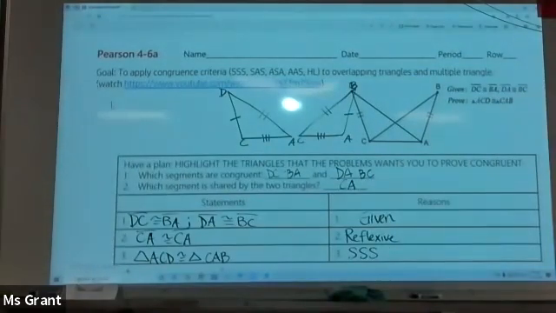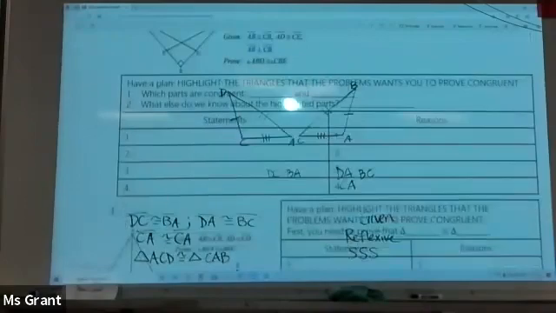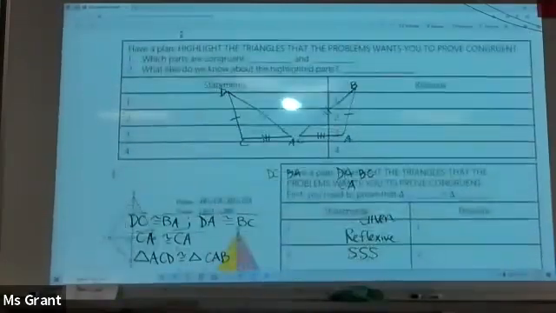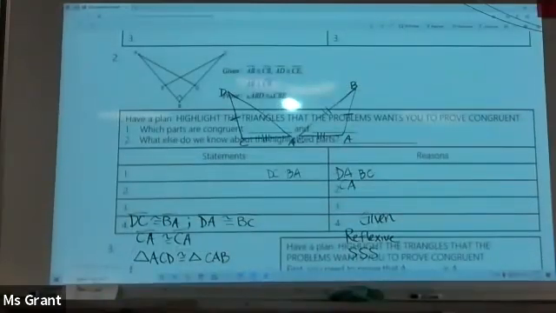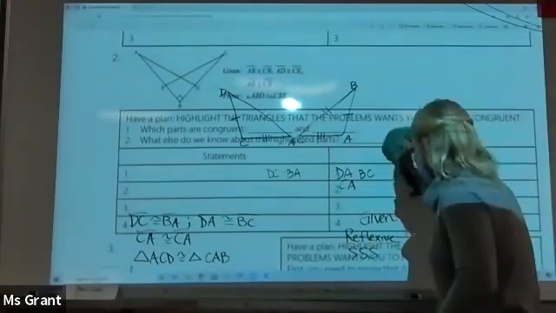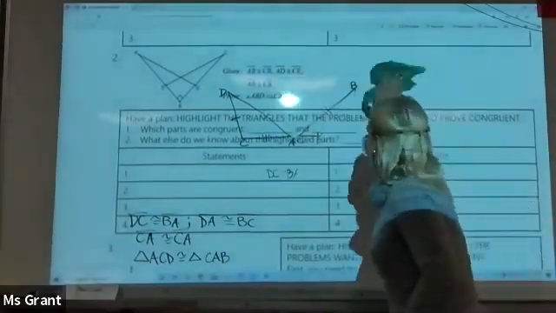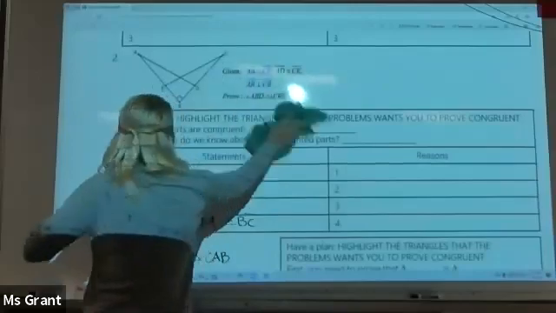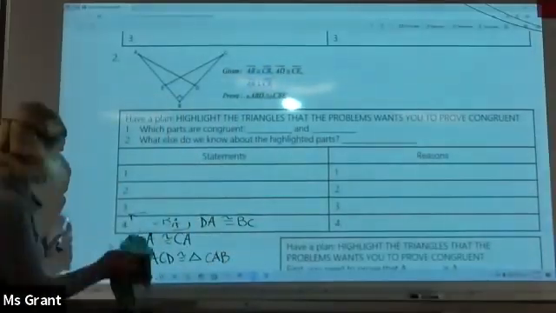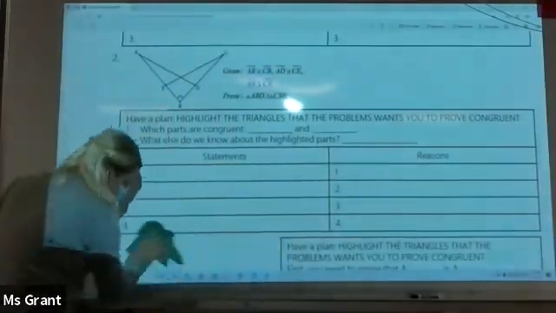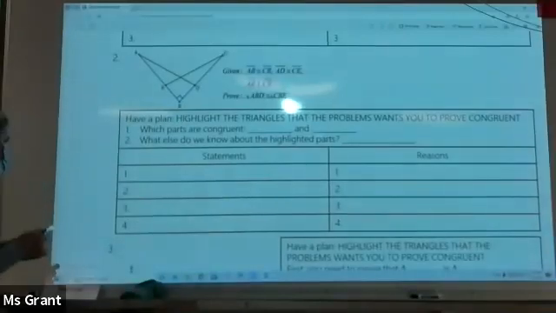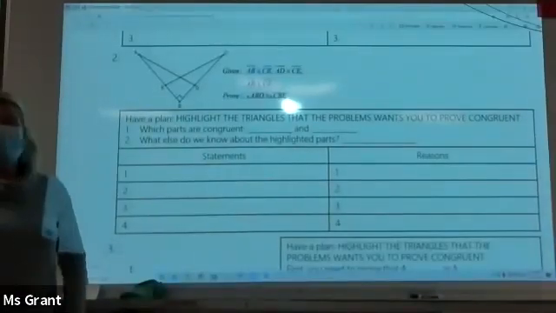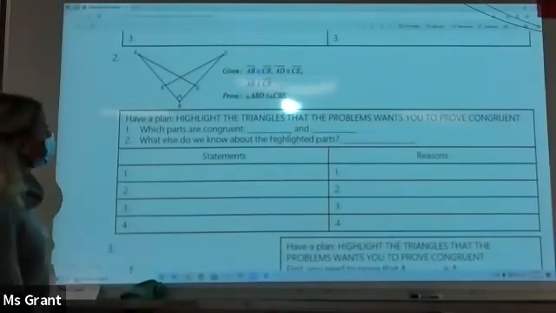Okay, I'm scrolling down. And I'm going to draw these 2 triangles separately because I feel that that helps keep me organized and then I'm not confusing anything. It's an option. You don't have to separate the triangles, but if you like, you can. Which 2 triangles and how do I separate them?